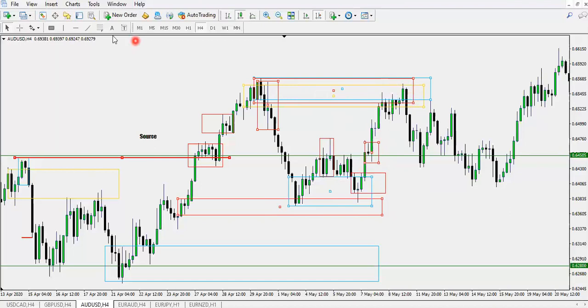And notice how price then did not close above our source over here or our breaker. It was rejected and actually created another bearish order block.